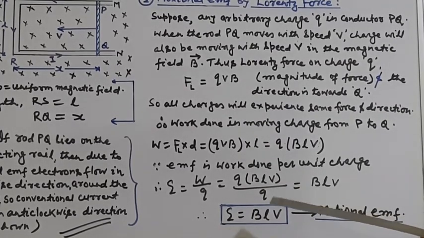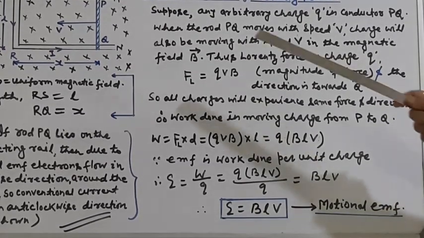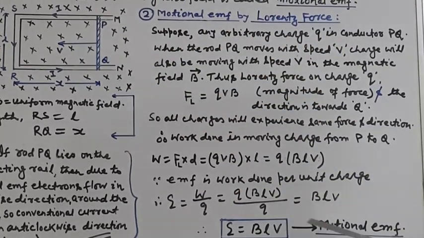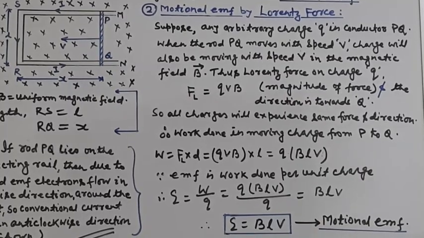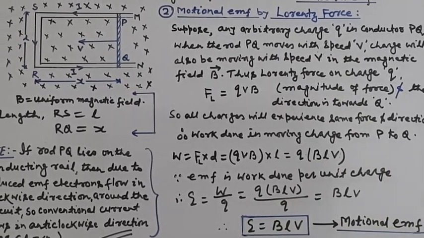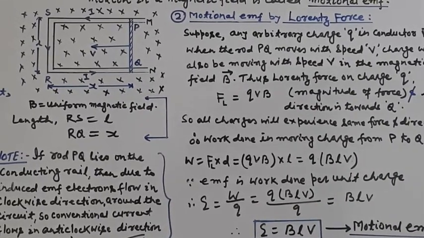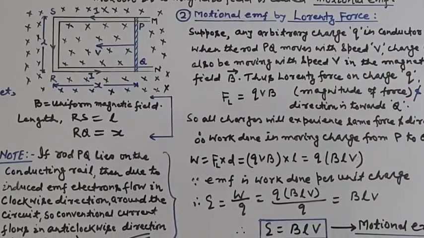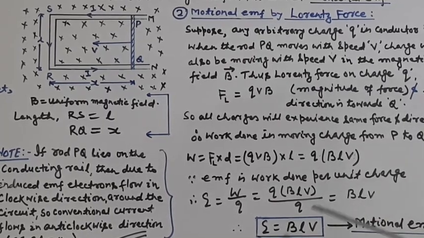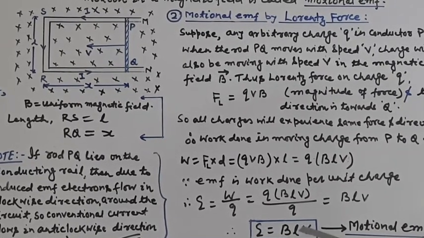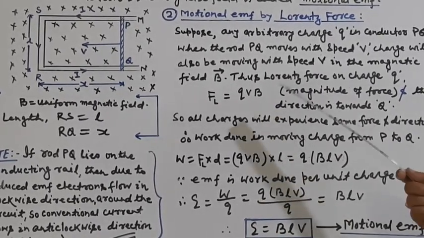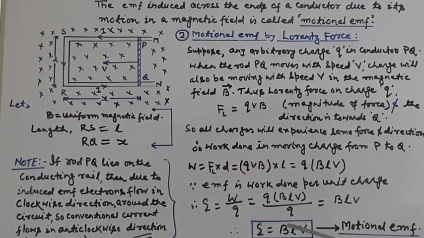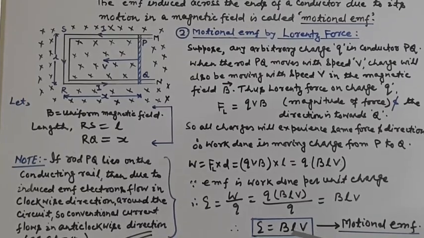This equation gives the EMF induced across the rod PQ, and this is known as the motional EMF. So with the help of both methods, the Faraday laws and the Lorentz force, we have calculated the same expression for the motional EMF. It means when any conductor moves in the magnetic field, an EMF will be induced, and the value of that induced EMF is equal to BLV.